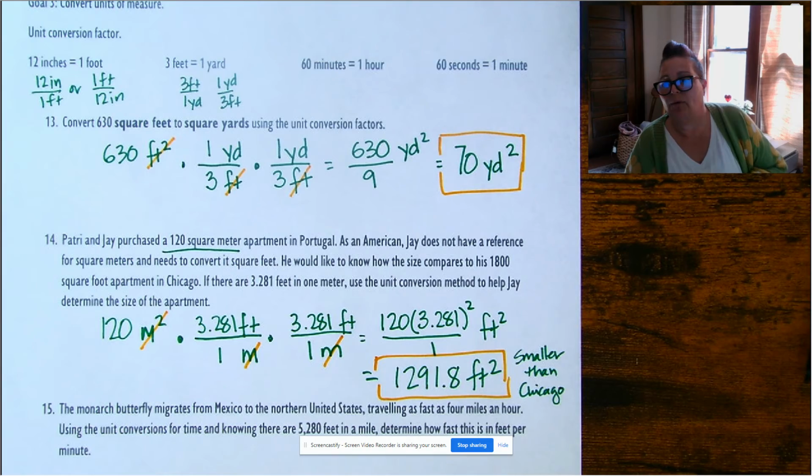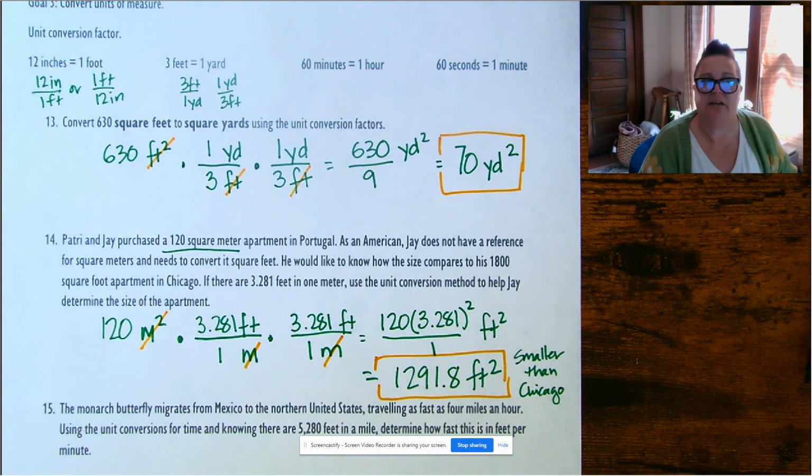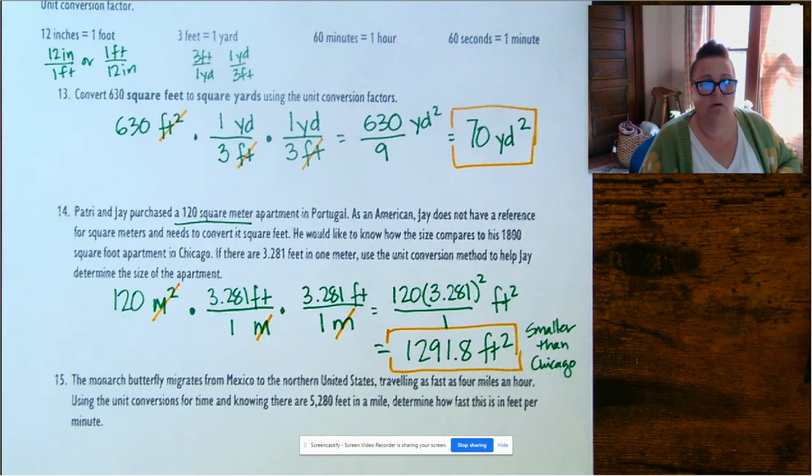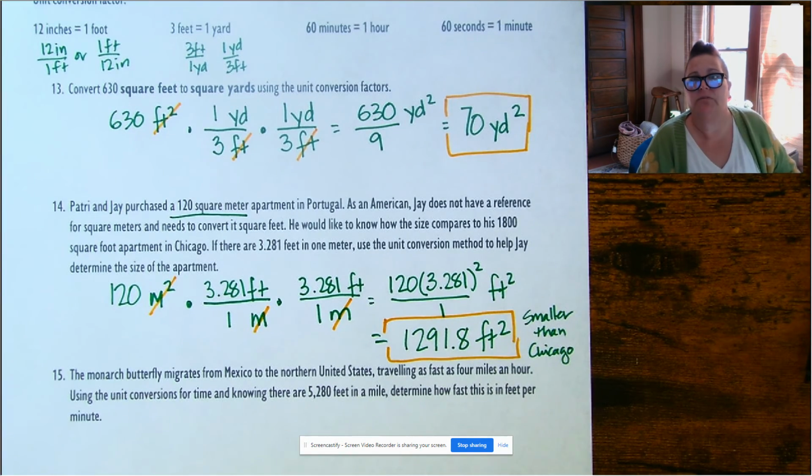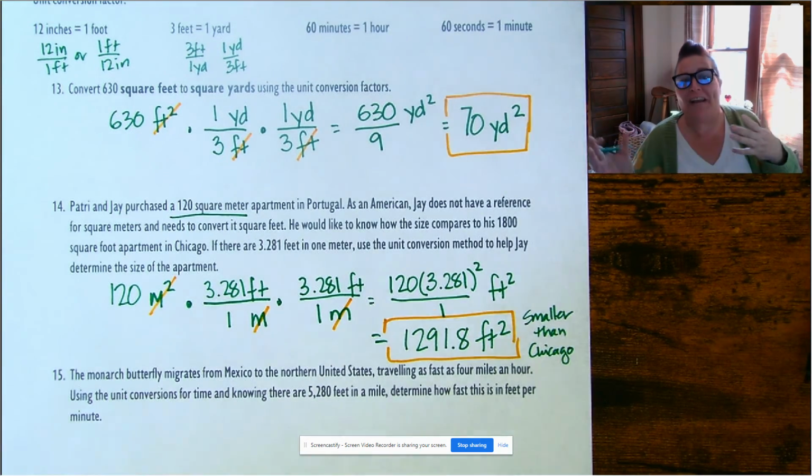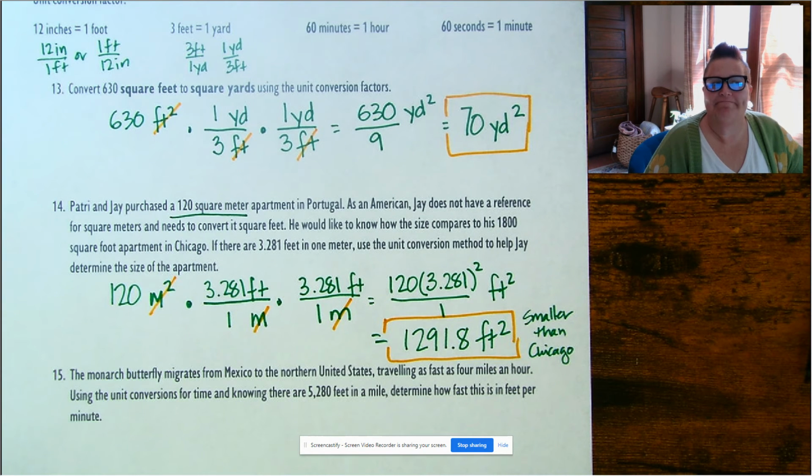Just as a quick FYI, this problem comes from an actual conversation I had with some friends of mine, Patri and Jay, we'll call them. Patri actually moved to the States and was not able to convert. She did not understand the size of a 2,400 square foot home. That meant nothing to her. And so eventually I gave her a workable conversion.